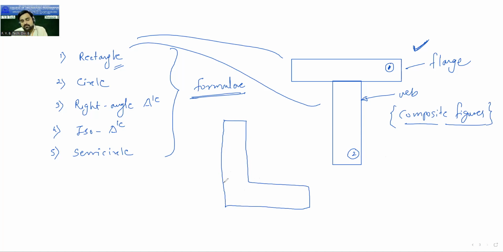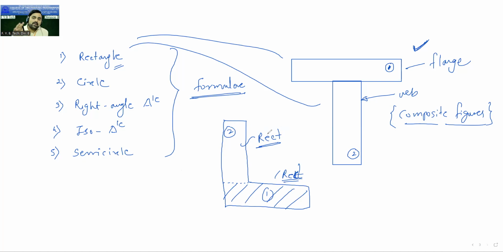Now suppose I draw a line like this, and say that this bottom is my rectangle 1, and whatever remains at this side is my area 2. So area 1 is a rectangle, and the formula of a rectangle is known to you. Area 2 is also a rectangle, and its formula is also known to you. Here you can use b/2, d/2, and further I will tell you how to calculate that.